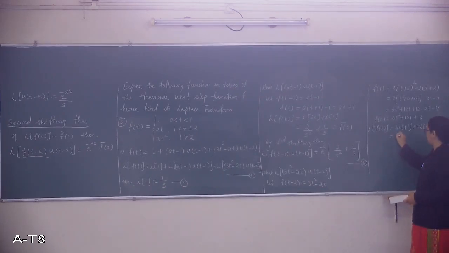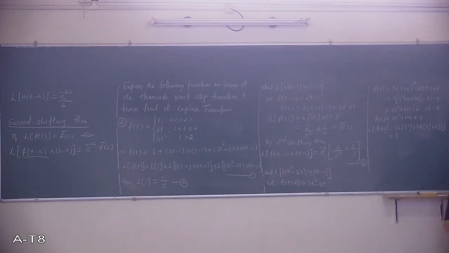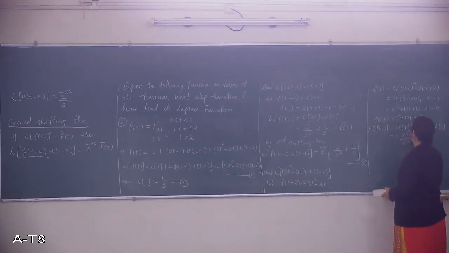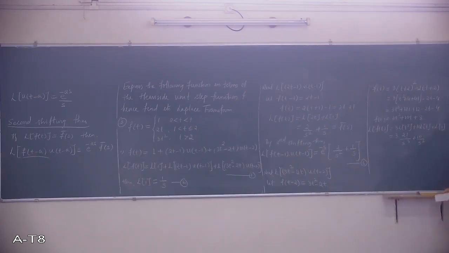That equals 3 into n factorial, that is 2 factorial, which is 2 divided by s cube, plus 10 upon s square, because the Laplace transform of t is 1 upon s square, plus the Laplace transform of constant 8, which is 8 by s.